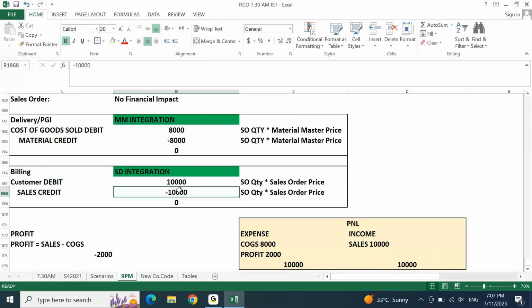Along with the mobile phone, I may be giving tempered glass for free of cost. Along with the mobile phone, I may be giving, let's say, earphones also free of cost. Now, one mobile customer is purchasing, but along with one mobile, I am giving 3 free gifts. Correct? Now, how will you account these 3 things?